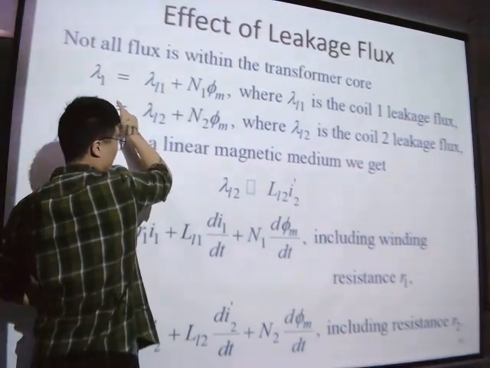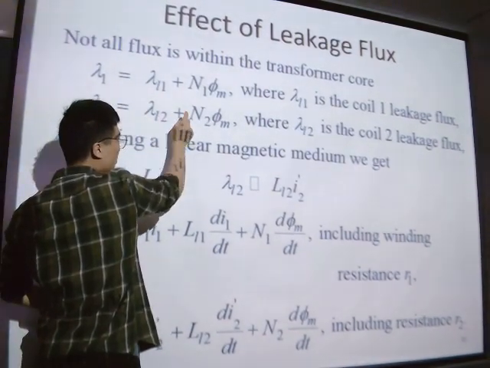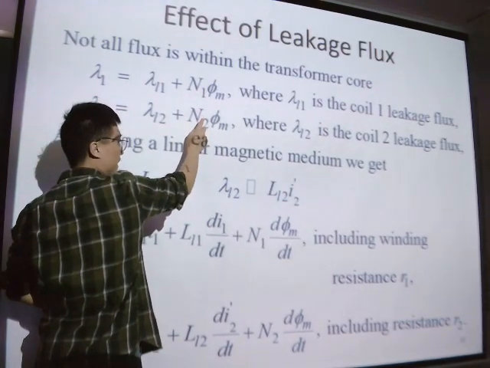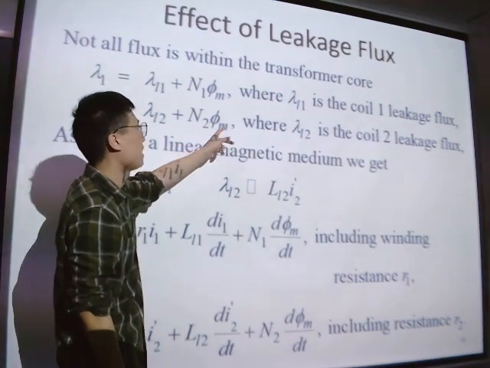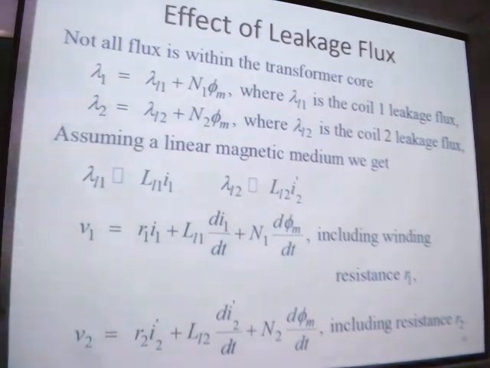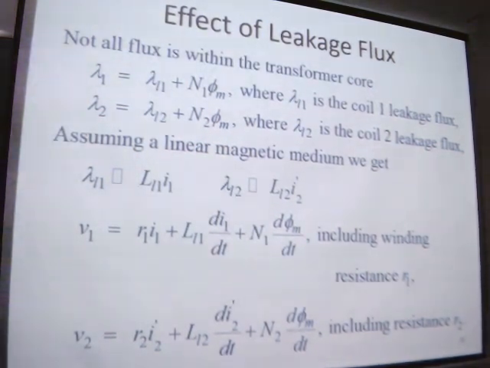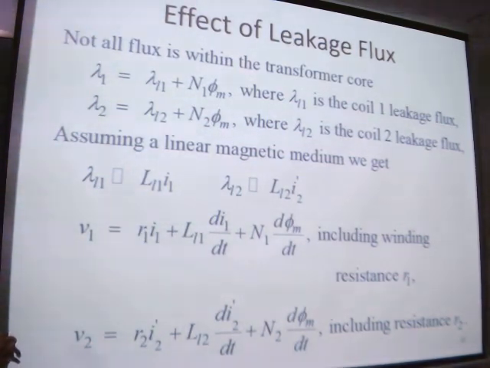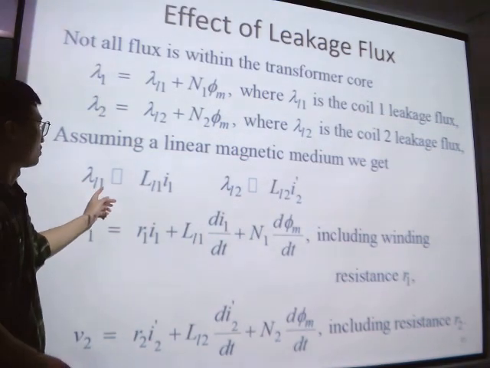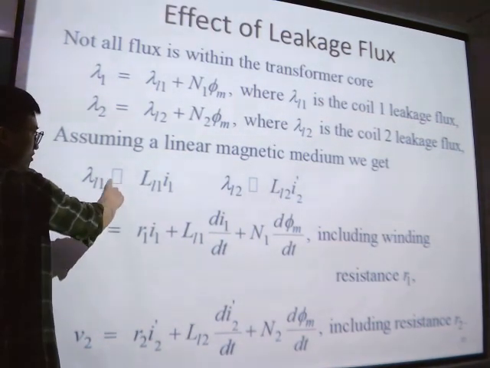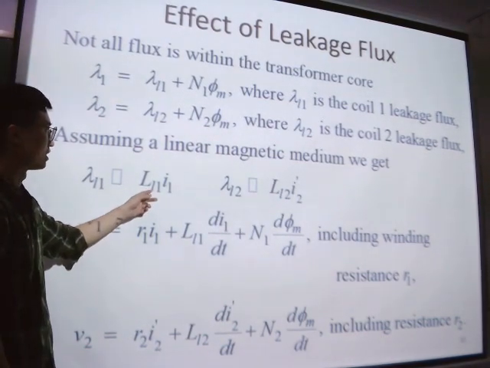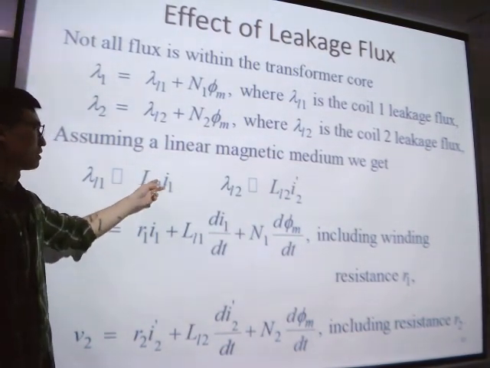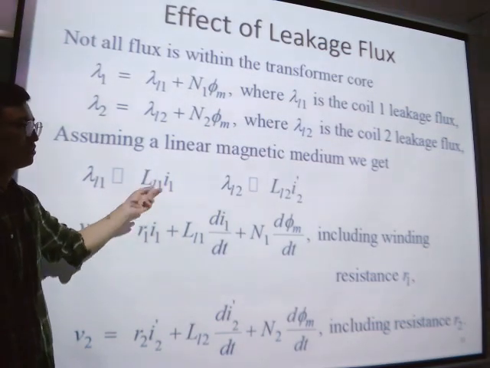Lambda is directly equal to only the main term on one side multiplied by phi n. If we have a linear magnetic medium, we could convert this, so lambda is proportional to the inductance multiplied by the current.